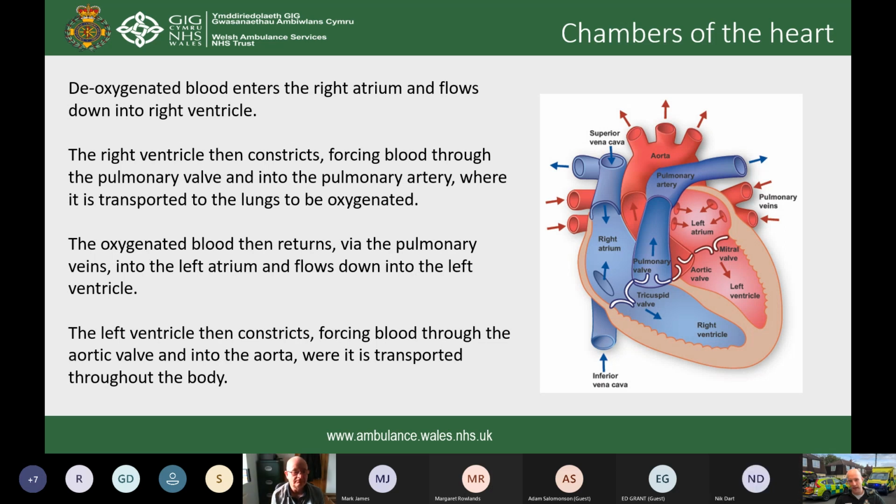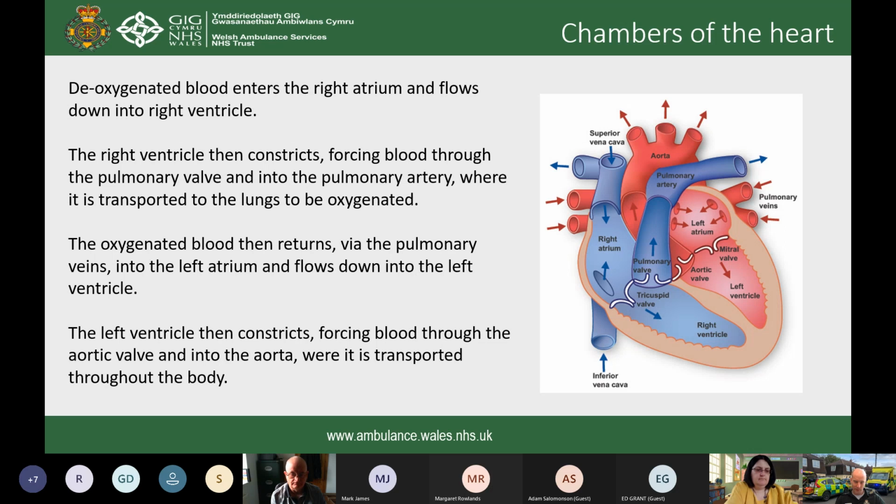That right ventricle then constricts, forcing blood out through the pulmonary artery up into the lungs to get oxygenated. Once it's oxygenated, it comes back down through the pulmonary veins, into the left atrium, down into the left ventricle, and then that left ventricle constricts, forcing blood out of the aorta to the rest of the body.